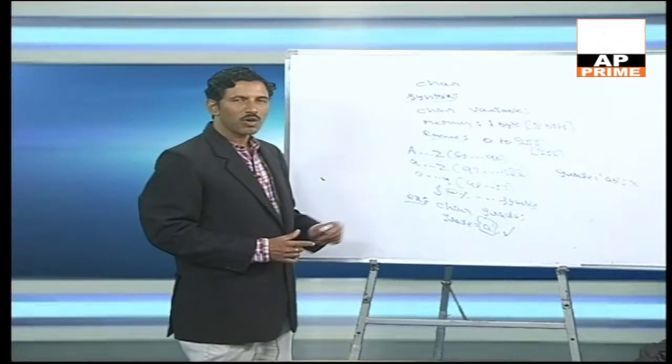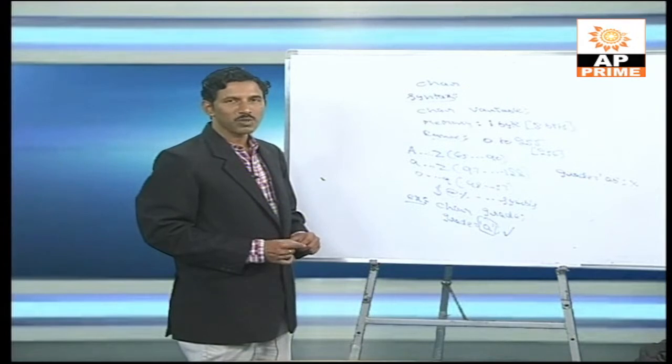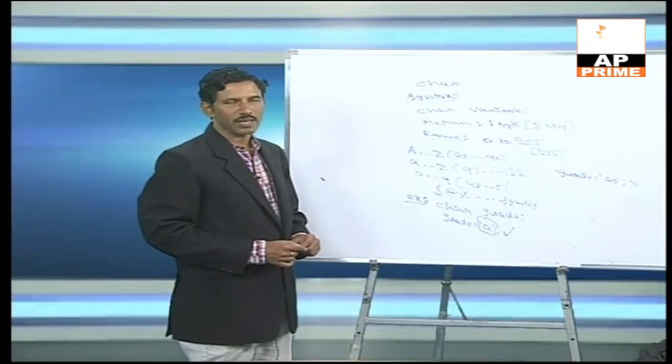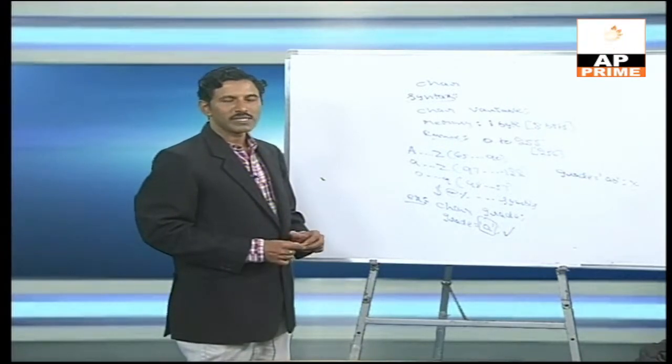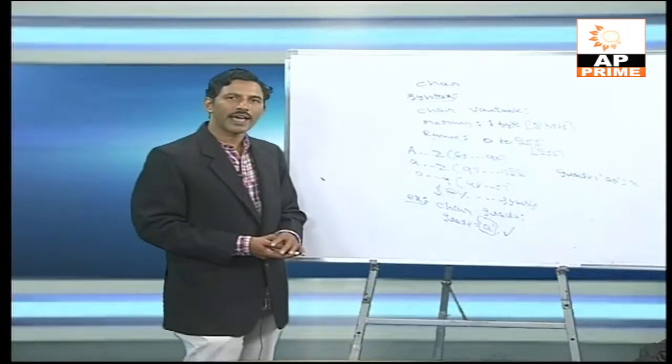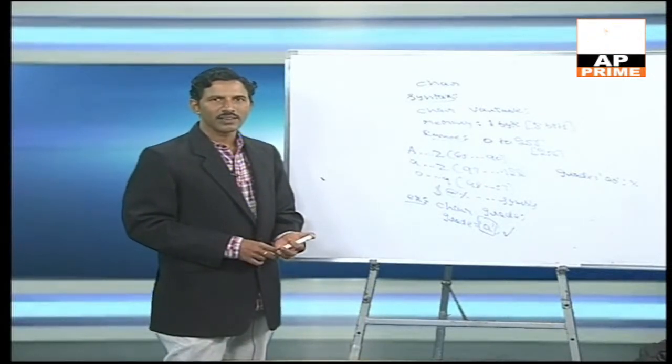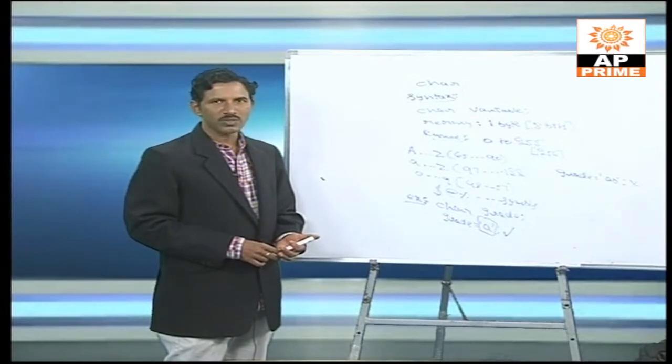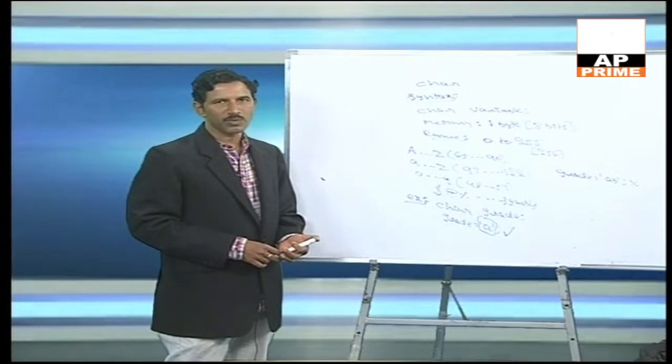If I want to allow multiple characters, that is possible with a string data type. What is the difference between character and string? A character allows only a single character, with single quotation marks. A string allows multiple characters, with double quotation marks.